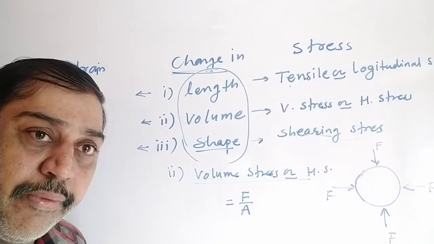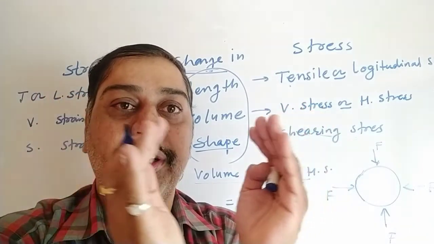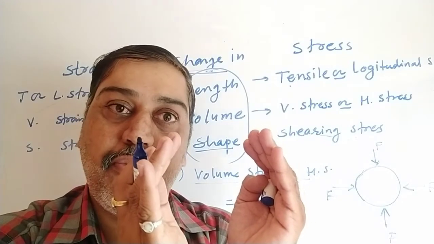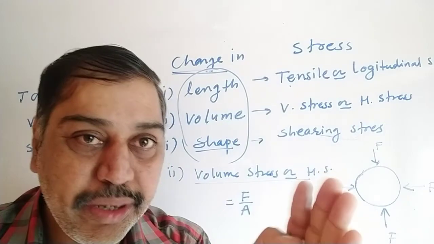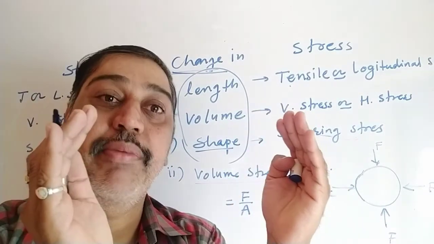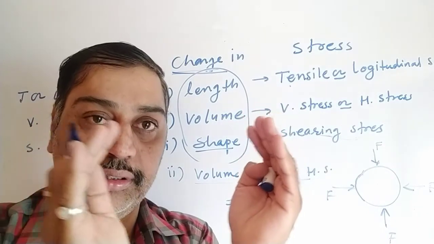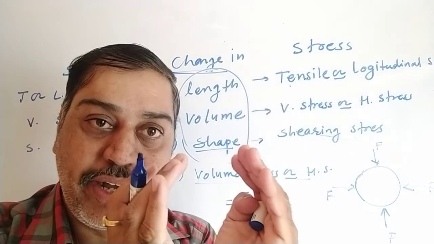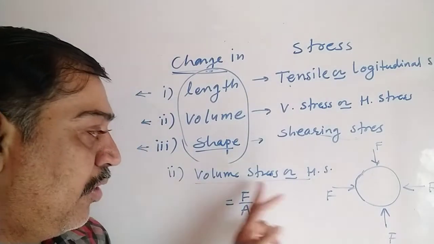What will occur? Initial balloon is big. When you apply the forces, its dimension gets decreased. What gets changed? Volume gets changed. Initially it is big, means volume is more. After applying these forces, the volume gets decreased. So there is change in volume, and that stress is said to be volume stress.